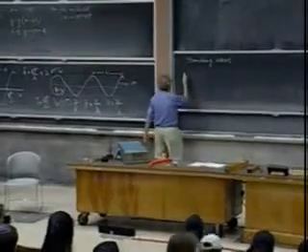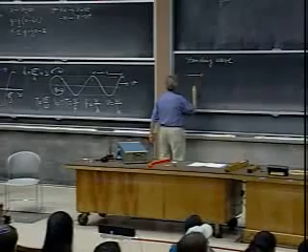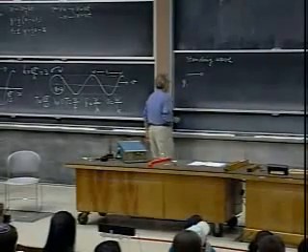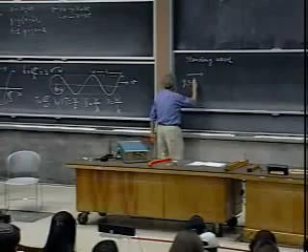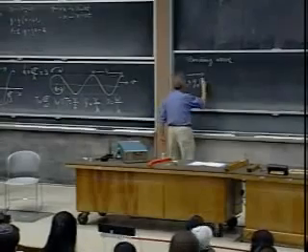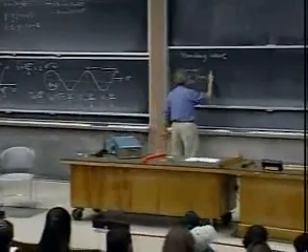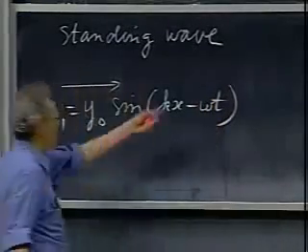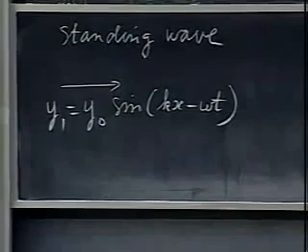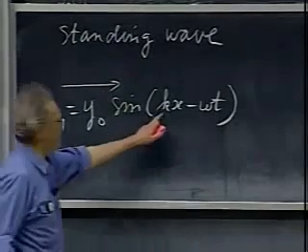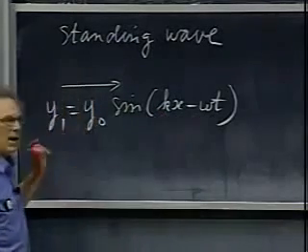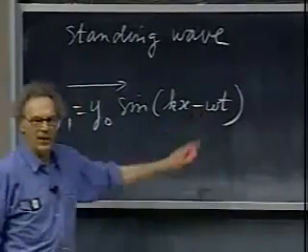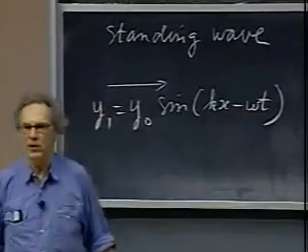Suppose I have a wave traveling in this direction, and I call that y1, and y0 is the amplitude, sine kx minus omega t. And notice now I have all the symbols that we are familiar with. We have the k here, we have the omega here, and we have the amplitude here. And the minus sign tells me going in the plus direction.